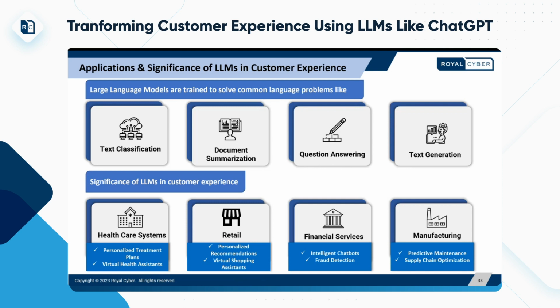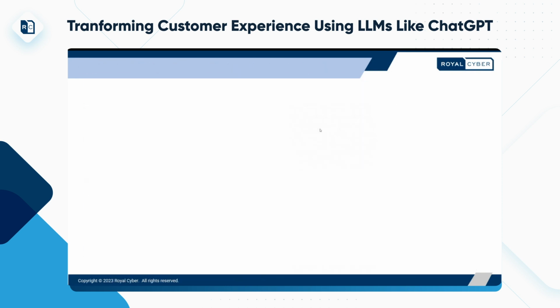Manufacturing, again, with both the IoT side and also just the general machinery and elements used within a manufacturing capacity, the ability to predict maintenance and also providing that supply chain optimization.